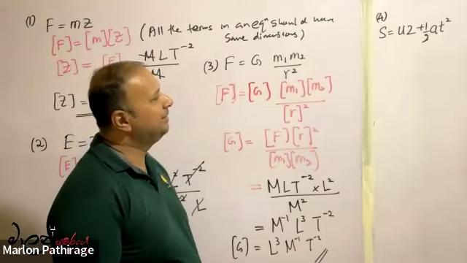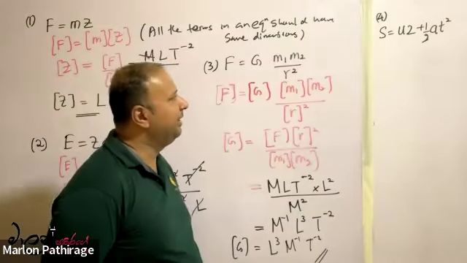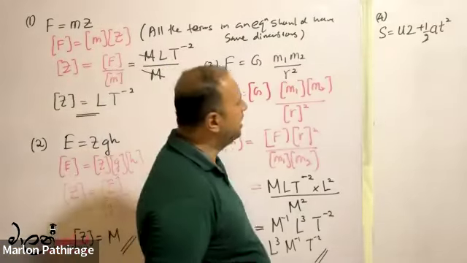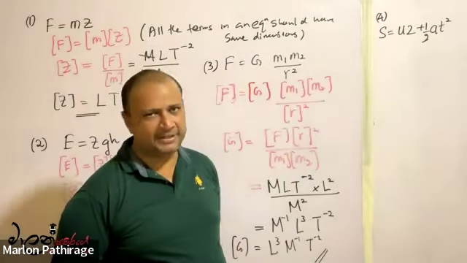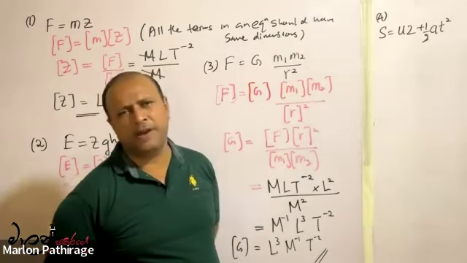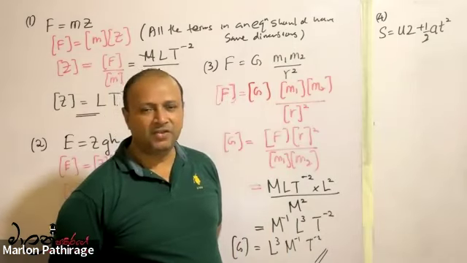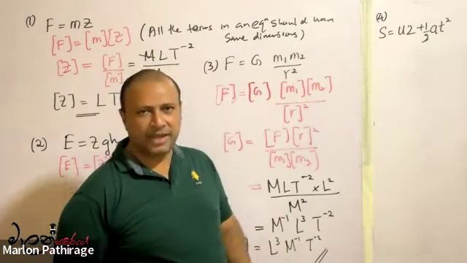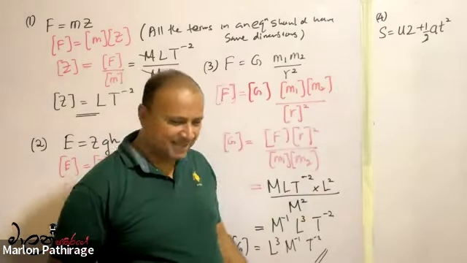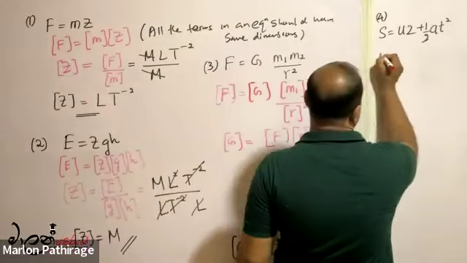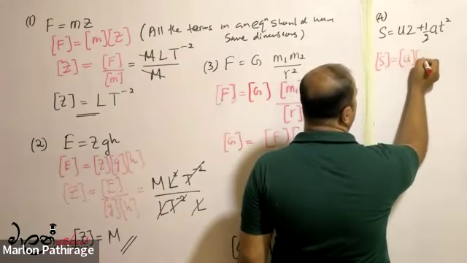You can use that one also, because addition or subtraction can be done among two same physical quantities. And we can use the same argument: all the terms in an equation should have same dimension. So based on that argument, the dimension of S should be equal to the dimension of U t.